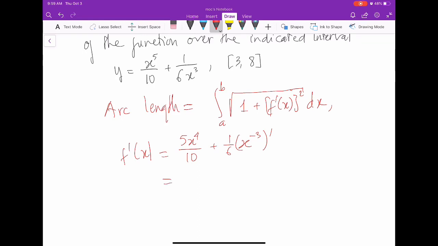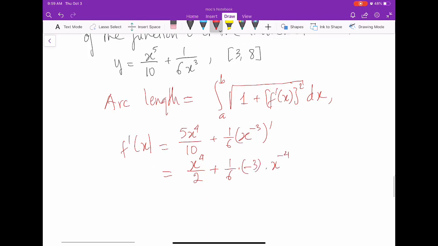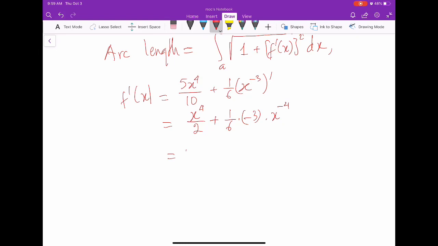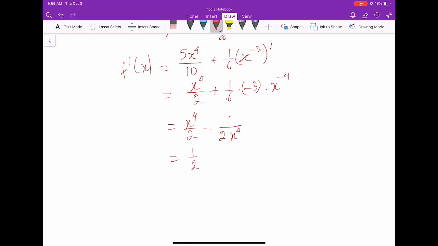Then this is equal to x to the 4 over 2 plus 1/6 times negative 3 times x to the negative 4, just the power rule. So I have x to the 4 over 2 minus 1 over 2x to the 4, or we can write it as 1/2 x to the 4 minus 1 over x to the 4. So that is the derivative.